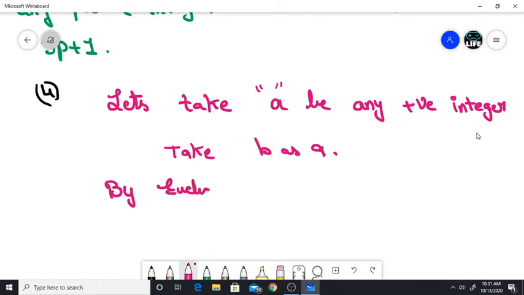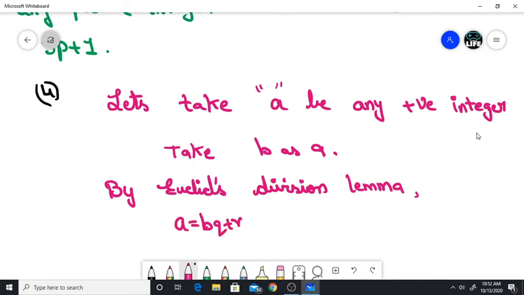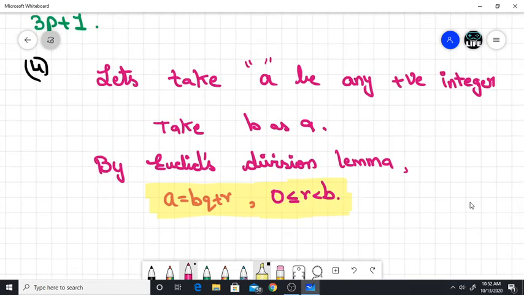By Euclid's division lemma, a equals bq plus r, 0 less than or equal to r less than b. Again I am telling you, this is very important. I have highlighted this, okay? Fine.